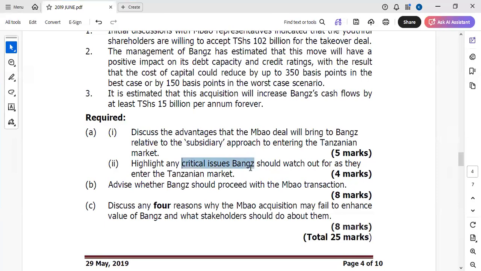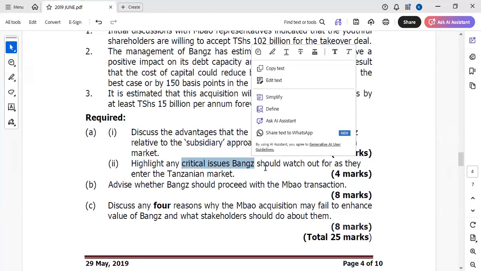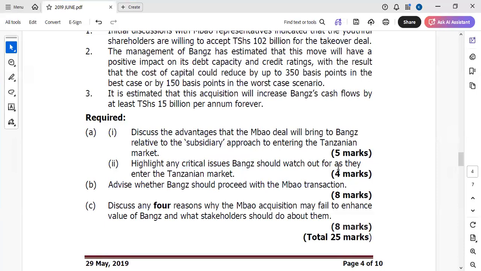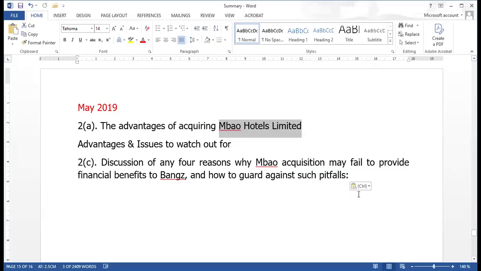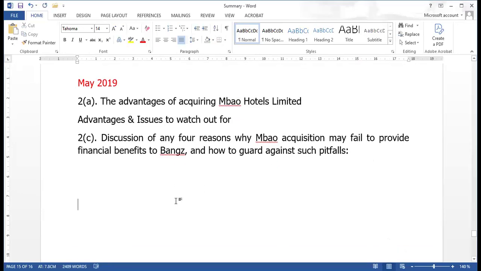You, Baganzi, you the acquirer, you should watch out as you enter the Tanzanian market. What are those things that you should watch out for as you enter this market? So let's start with A, the advantages.